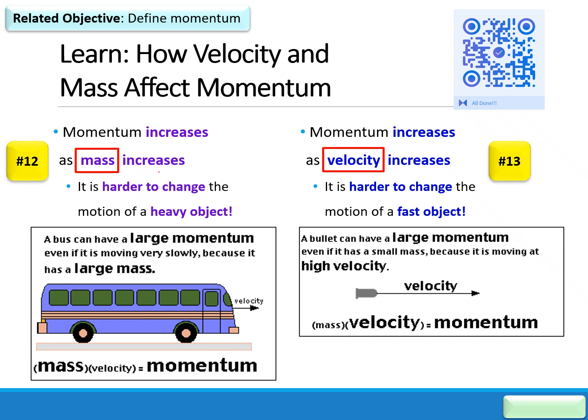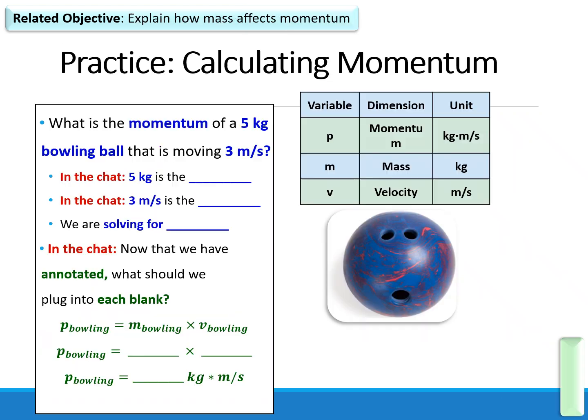That baseball that is going 100 meters per second is going to be very, very hard to change the course of its motion because it's going so very fast. So again, pause the recording as you need to complete questions 12 and 13.